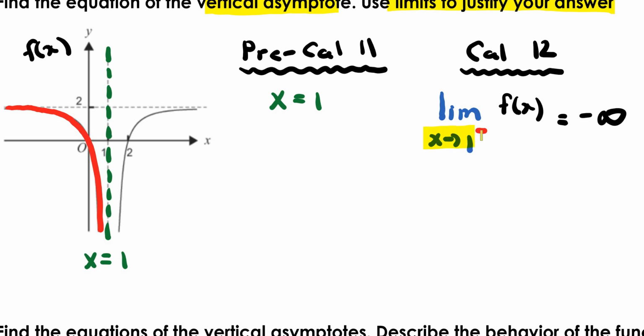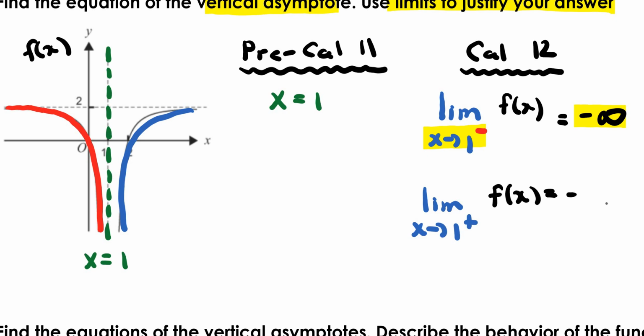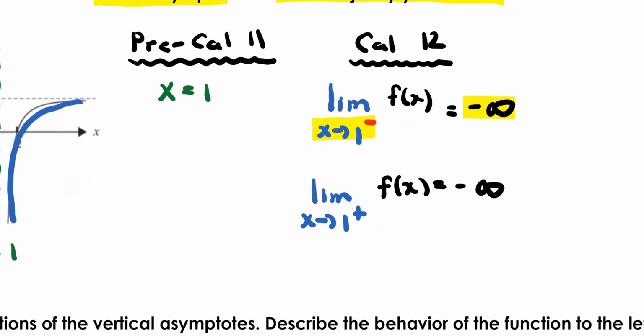If I approach the asymptote from one side, and if I get positive or negative infinity, then that's a vertical asymptote. And if I approach 1 from the right-hand side now, in blue, the function is also going to negative infinity right there. So this is how you can write a vertical asymptote using limit notation.